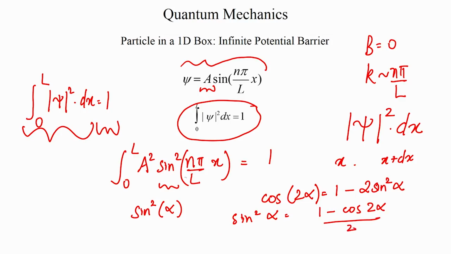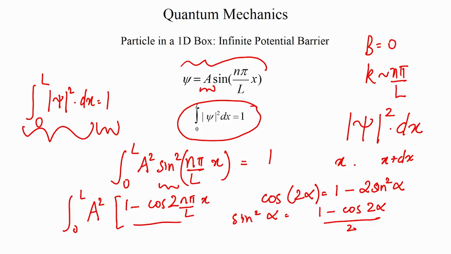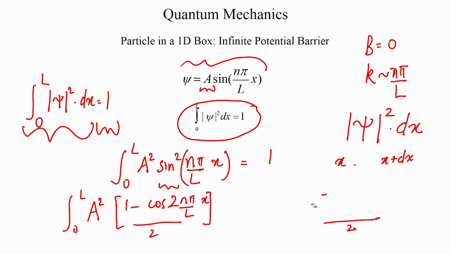So we represent the sine square using this particular relation, and what that gives you is that this integral is nothing but A square times (1 minus cosine of 2 n pi by L x), the whole thing divided by 2, and we need this to be equal to 1.